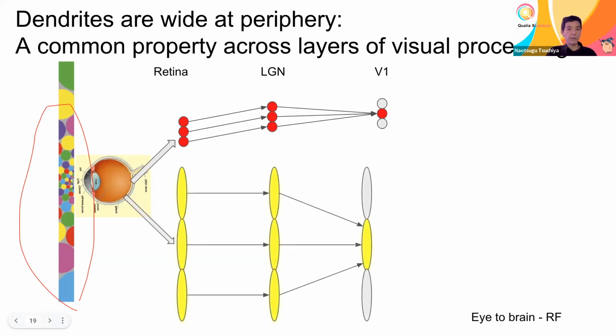And at the periphery, retinal ganglion cells themselves can collect the visual input from wider areas. And that can further be collected within V1, because it also has correspondingly wider dendritic fields.